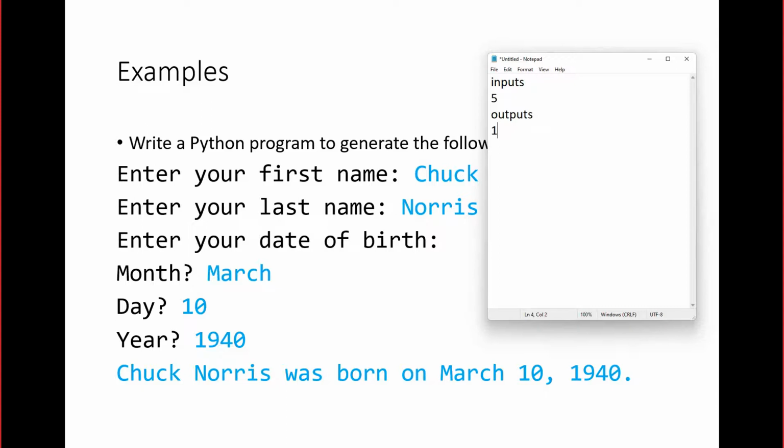What do you think? How many inputs and how many outputs? Three inputs, okay, 3 inputs. Okay, we have another answer. One output. Okay, 3 inputs and 1 output. Sahan? Amila?